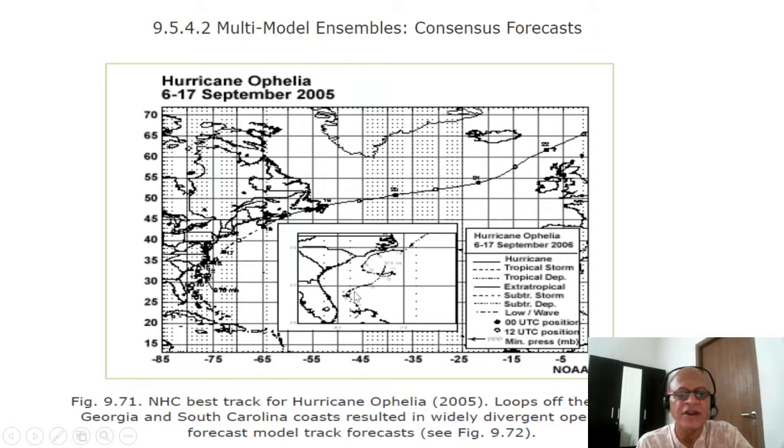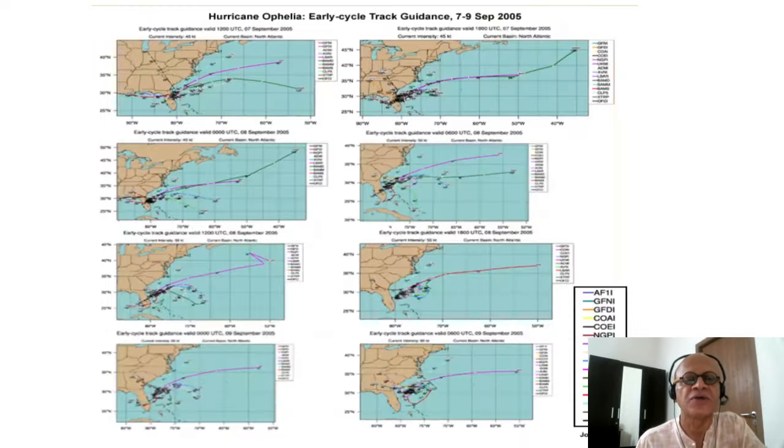Loops off the Florida, Georgia, and South Carolina coasts resulted in widely divergent operational forecast model track forecasts, which we will see next. You can see the various stages of the storm, and this kind of looping is not typical, and models obviously did not necessarily capture it, especially in forecast mode.